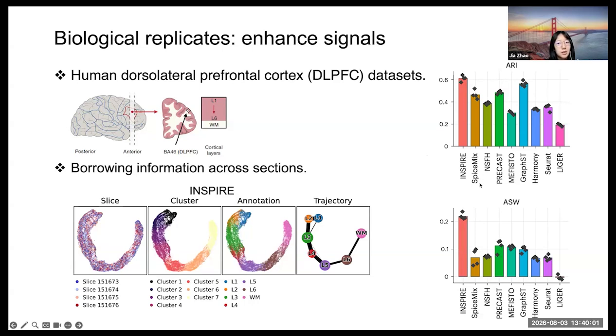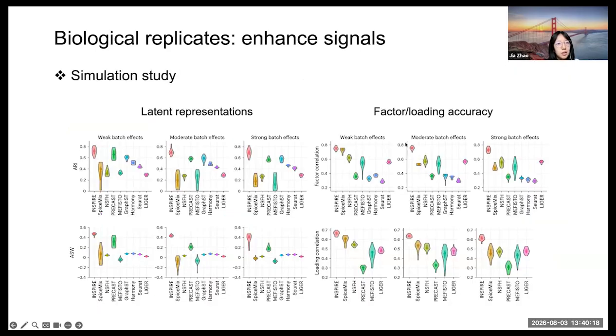You may know that SPACE-mix and NSFH, which conduct NMF for one section, also perform well, but less so. Our method can achieve better results because we borrow information across sections. Also, importantly, we want to show that not only can we achieve better representations in the latent space, very importantly, we can recover the factors and loadings accurately.